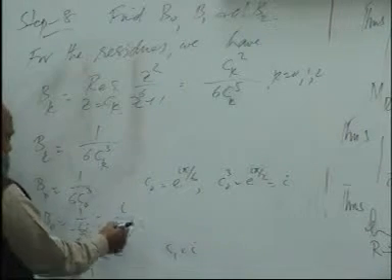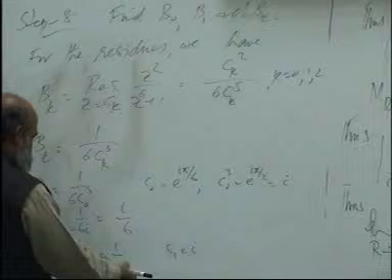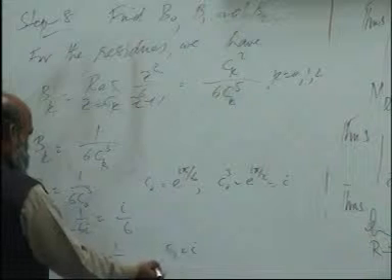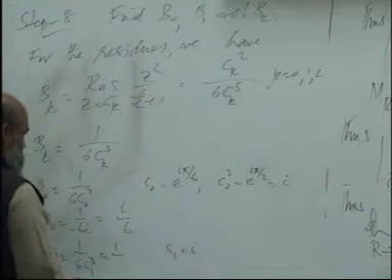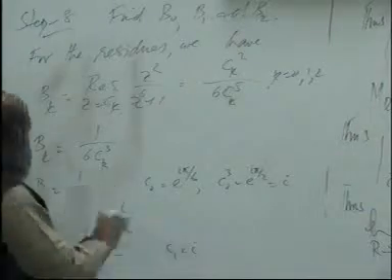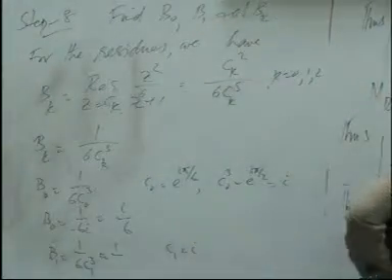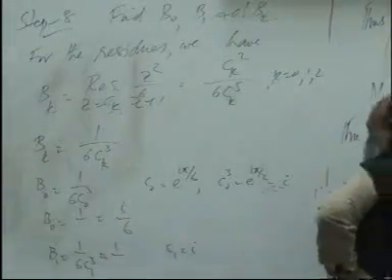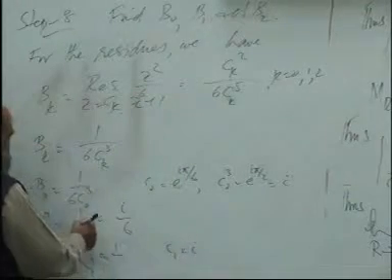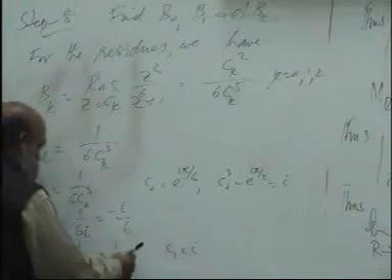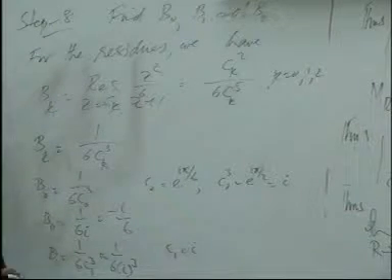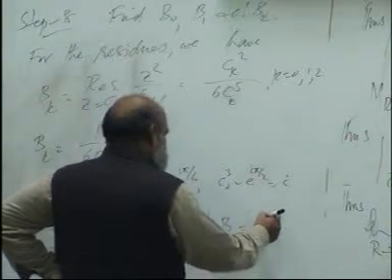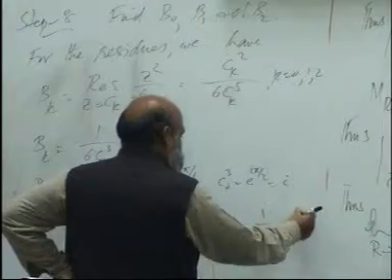So this is 6 iota cube, and B1 is equal to 1 over minus 6 iota, or it is iota by 6.